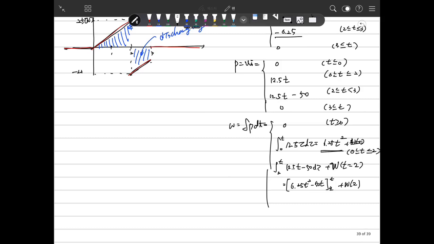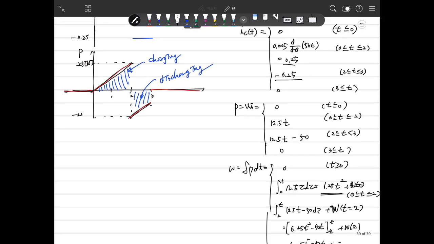And last thing is there will be 6.25t − 50t and so on. We calculate here, so we can draw the energy here.